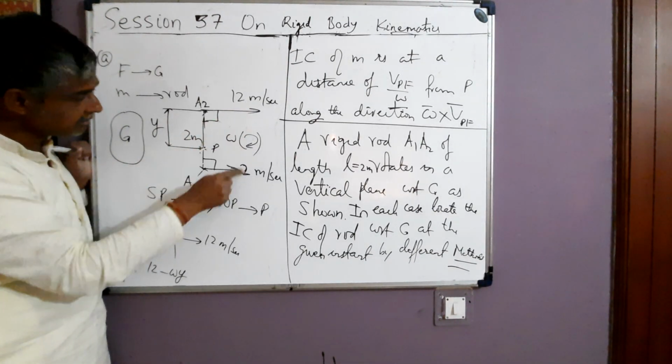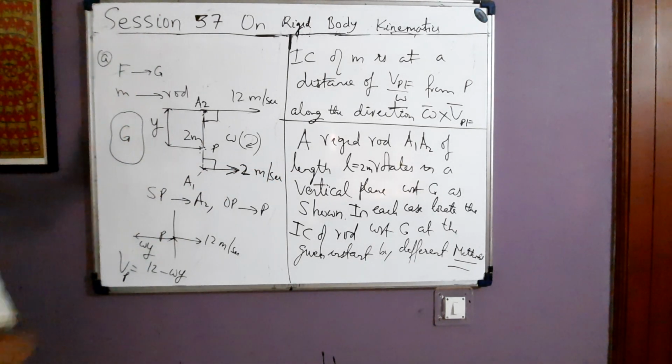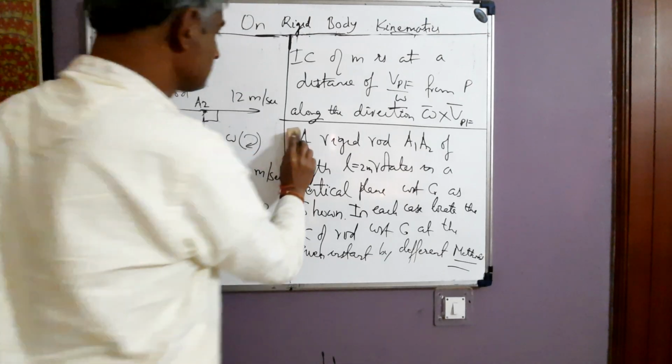See, this is 12, this decreases to 2, but the direction is the same. So the zero velocity point should be somewhere here.